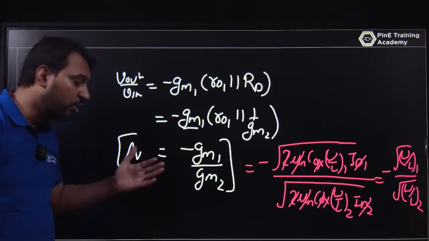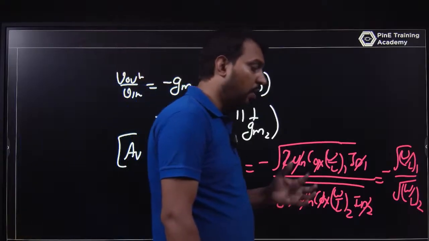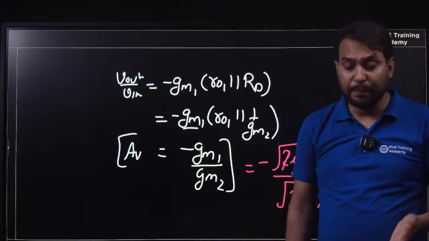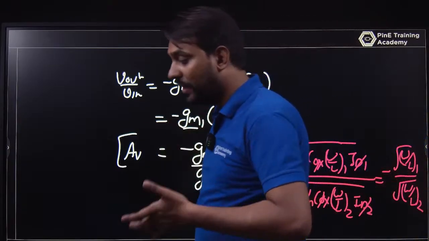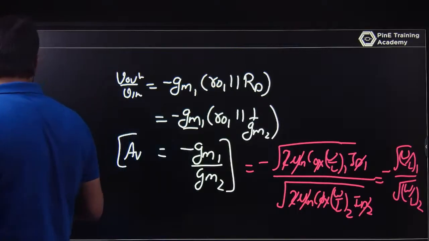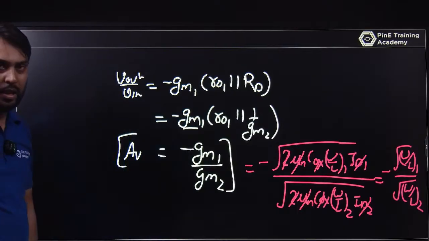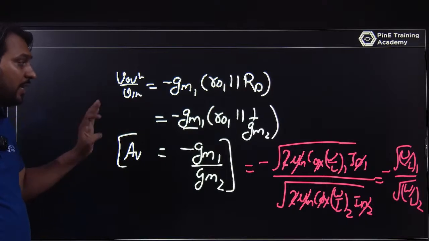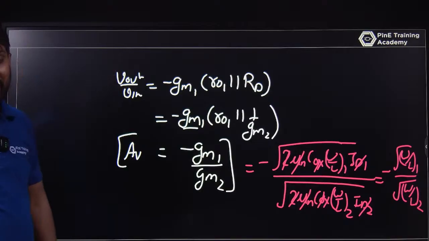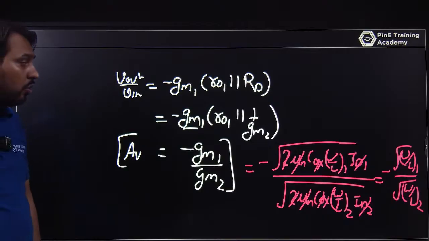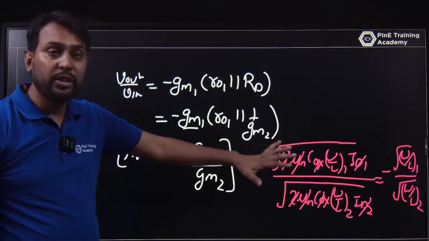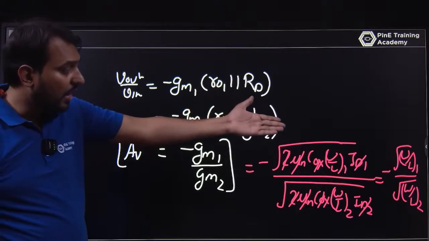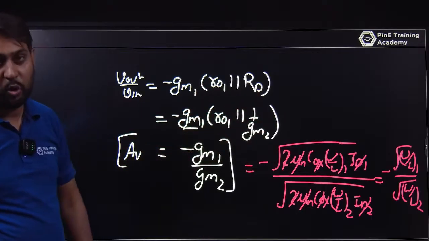But the problem is, if you are increasing the width of the MOSFET, what will happen? The parasitic capacitance will be introduced. As the width increases, the parasitic capacitance will increase, since C is equal to epsilon A by D. The better thing is that if you are using a diode connected circuit as a load, there is no variation of parameters like mu n and COX, only the effect of W by L of 1 upon W by L of 2 under the square root.